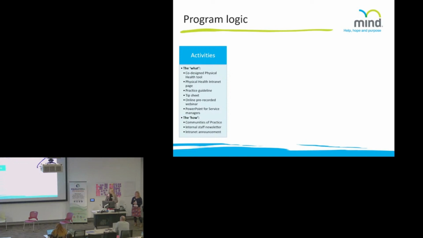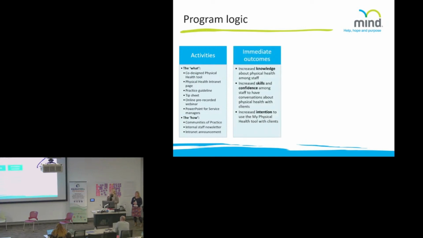And then we have immediate outcomes, which are, if staff engage with these tools, what do we expect the outcome to be from that? We are predicting that it will lead to an increase in knowledge, skills and confidence to have those supportive conversations about physical health, and lead to an increased intention to use the tool.